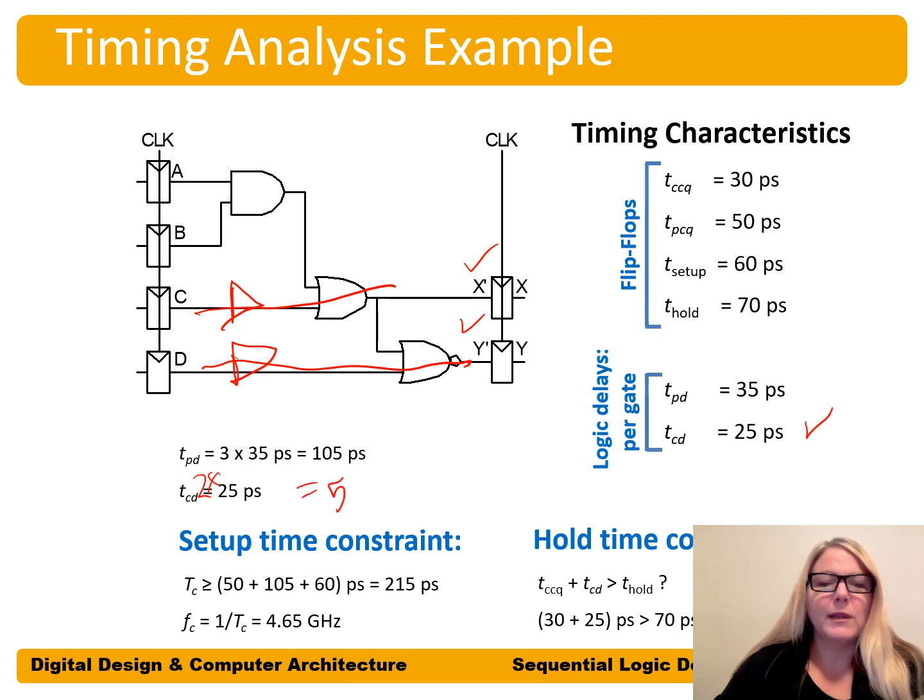So we'd get 50 picoseconds for our TCD, and then we still have our TCCQ of 30 plus 50. Is that greater than 70 picoseconds? Yeah, 80 is greater than 70 picoseconds.